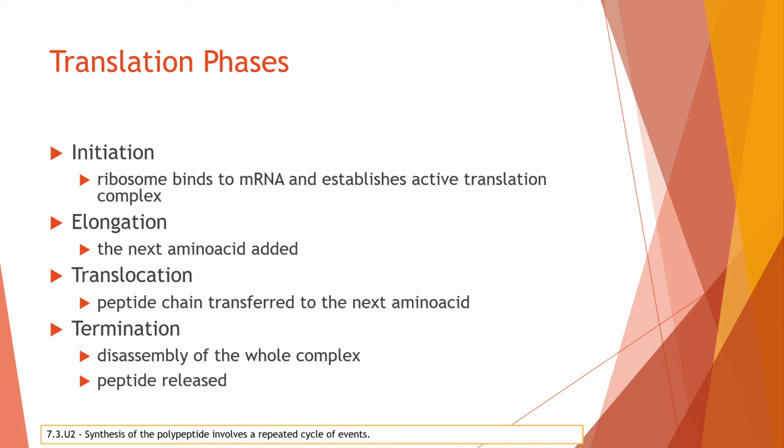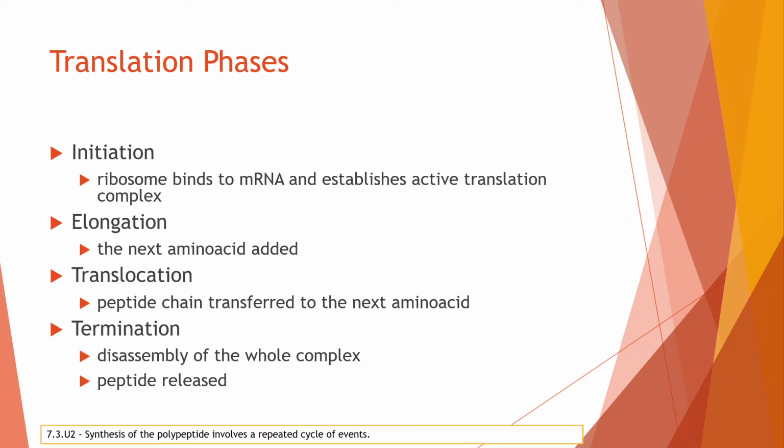So initiation ends when the whole translation complex is assembled and ready to work. Then there is elongation translocation. Elongation because amino acids will be joined together and the polypeptide will grow and get longer. Translocation because the growing polypeptide chain will be translocated onto the next and the next and the next tRNA.